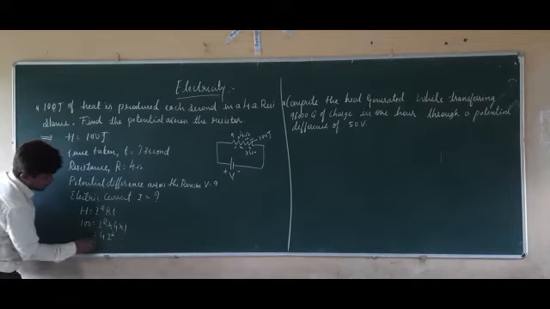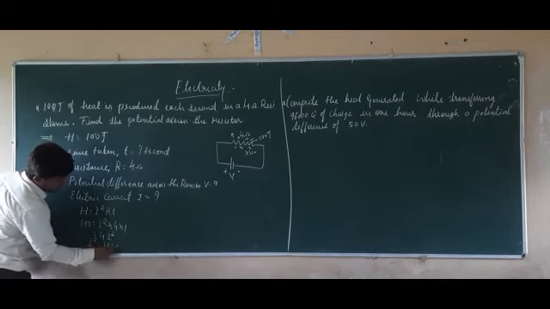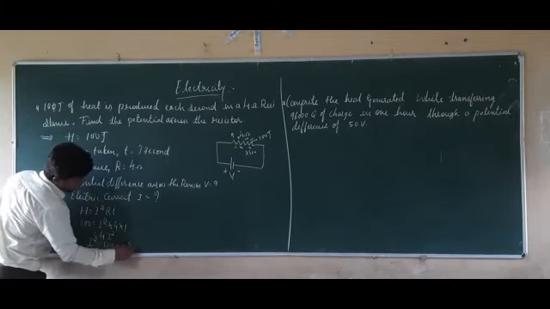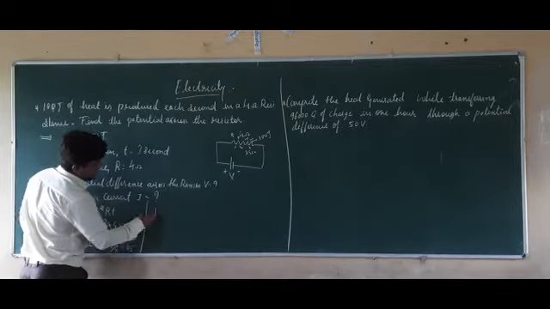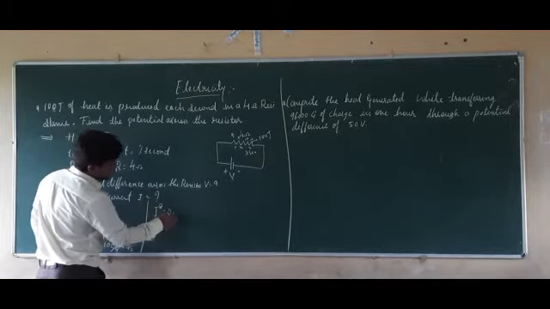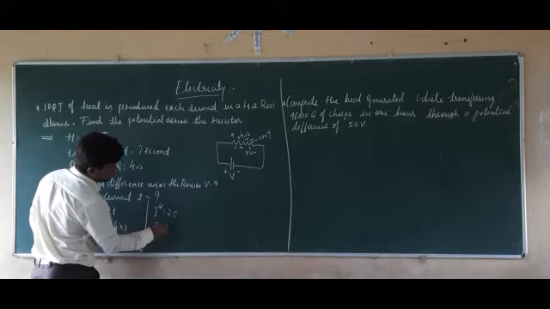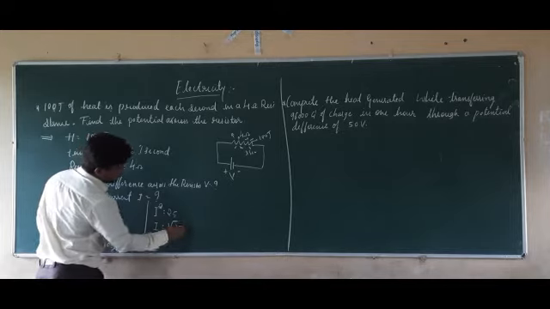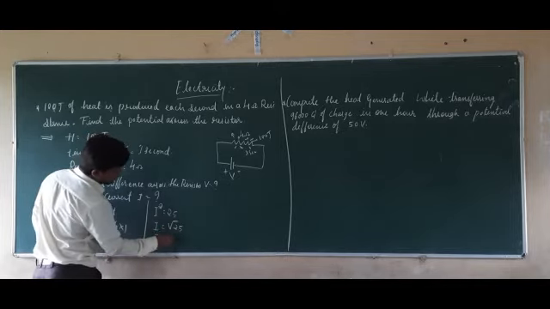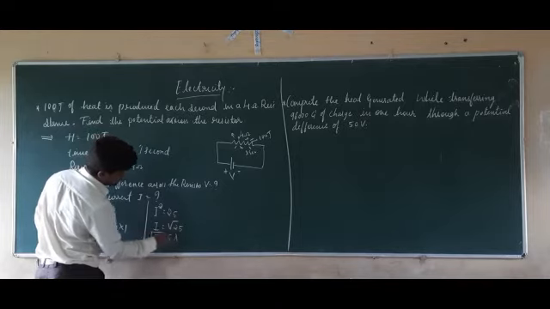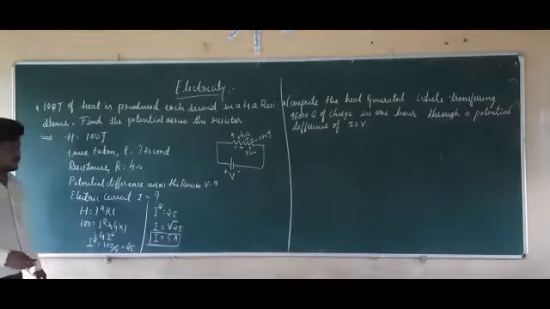Therefore, I square is equal to 100 divided by 4, which is equal to 25. I equal to square root of 25. Therefore, I is equal to 5 amperes.